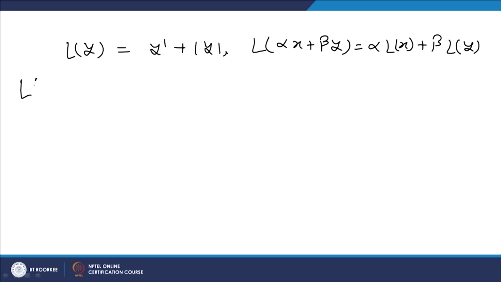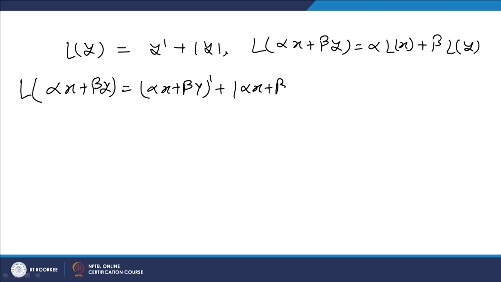So, what is L of alpha x plus beta y? This value is given as the derivative of alpha x plus beta y, plus the modulus of alpha x plus beta y. And Lx is x dash plus modulus of x. Now, we want to show that this holds.